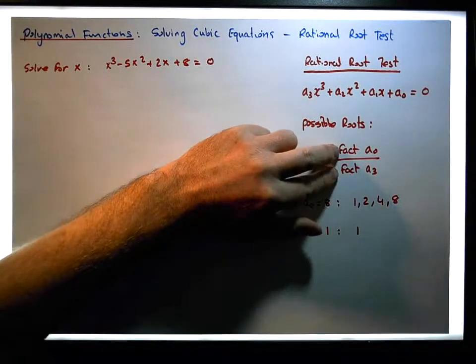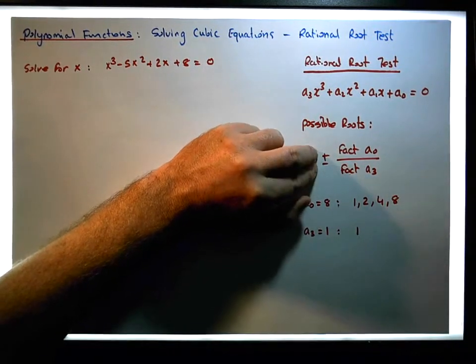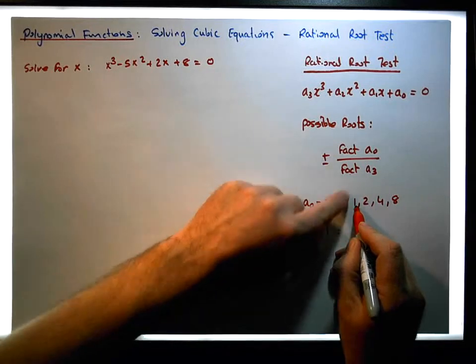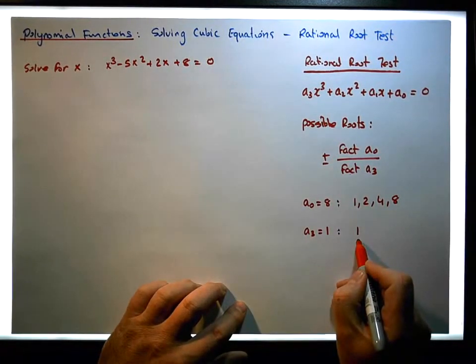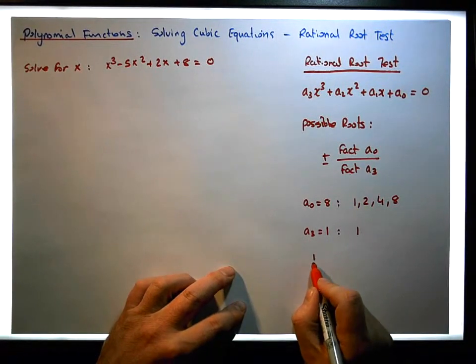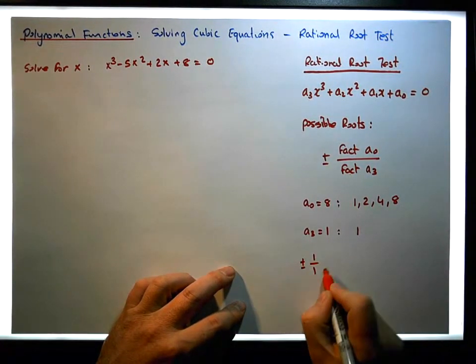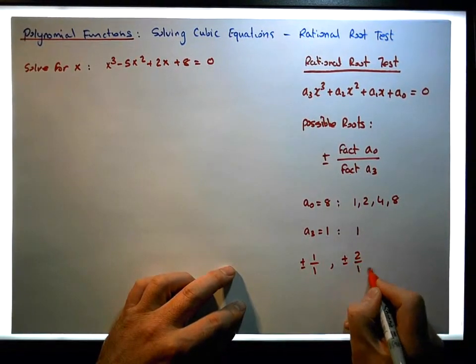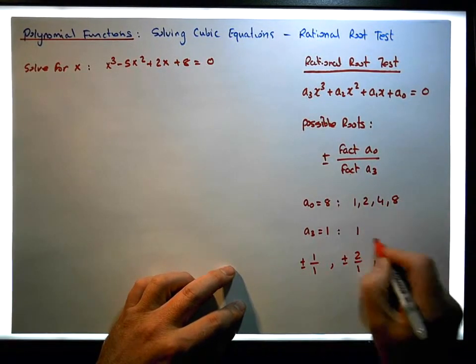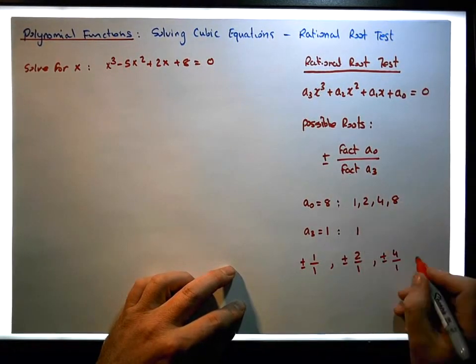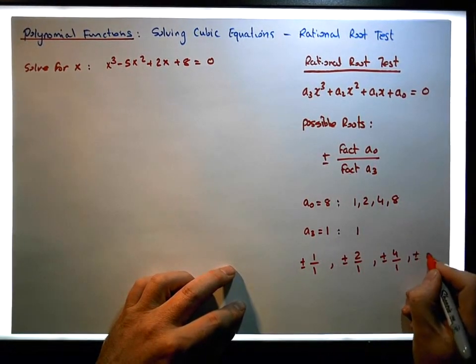Now we consider plus or minus each one of the a0 factors over the factors of a3. So we have plus or minus 1 over 1, plus or minus 2 over 1, plus or minus 4 over 1, and plus or minus 8 over 1.